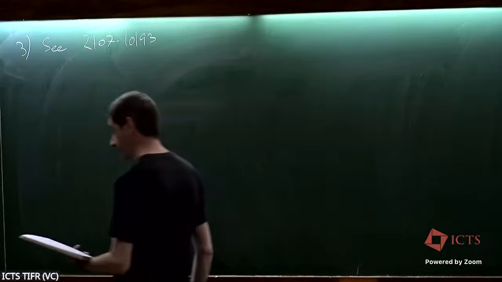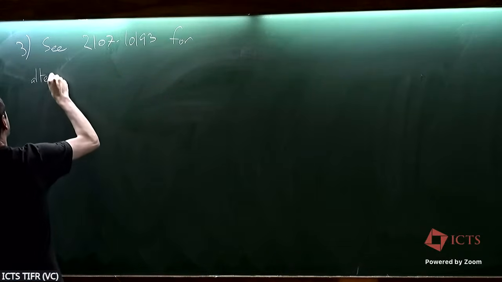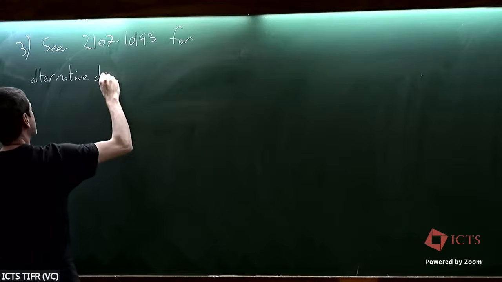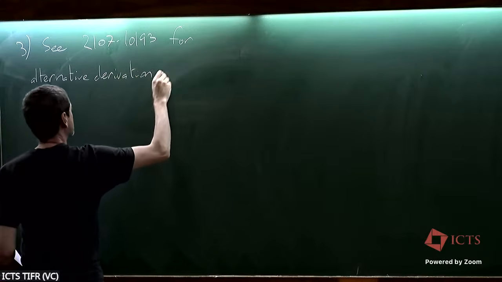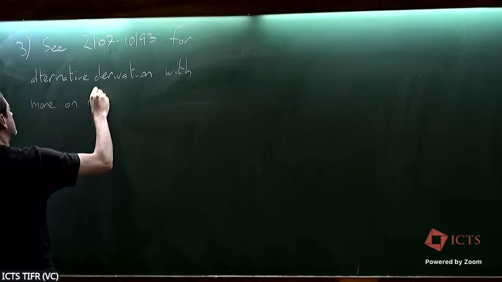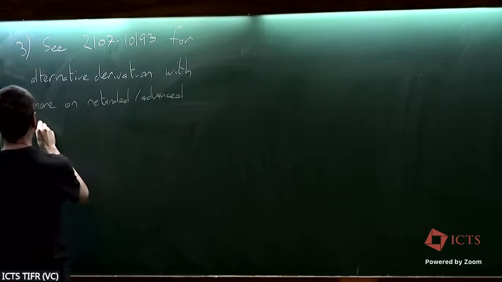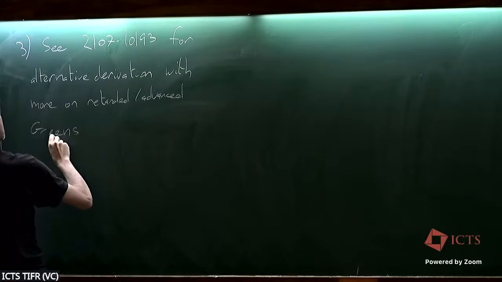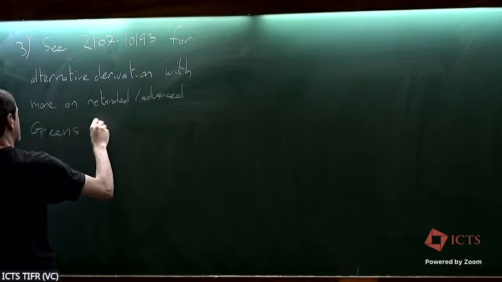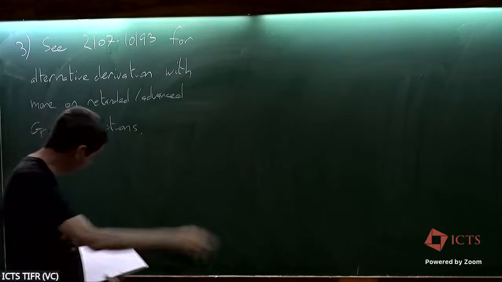If you didn't find this completely convincing, then you can go back to this paper. And this derivation has the great advantage that it's more obvious where the factors of 2 pi, etc. come from.